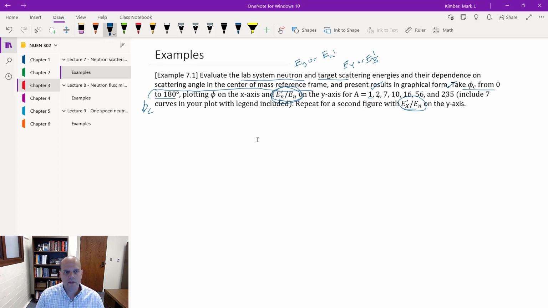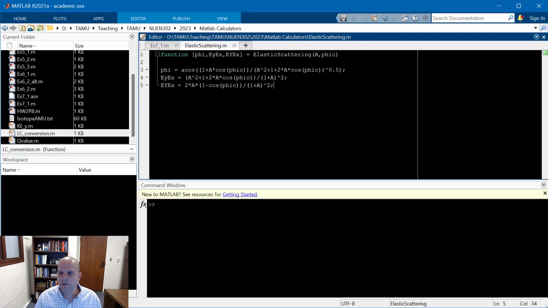Okay, so since we're going to be repeating this many times, we've got 7 different mass numbers to consider for the target. We've got a whole range of data points to consider for phi sub c, and so it's going to be in our best interest to do this with some code. And so we'll go to the code for this, and I'll first show you the function for this. You notice the inputs to this are going to be the mass number of my target and the phi sub c.